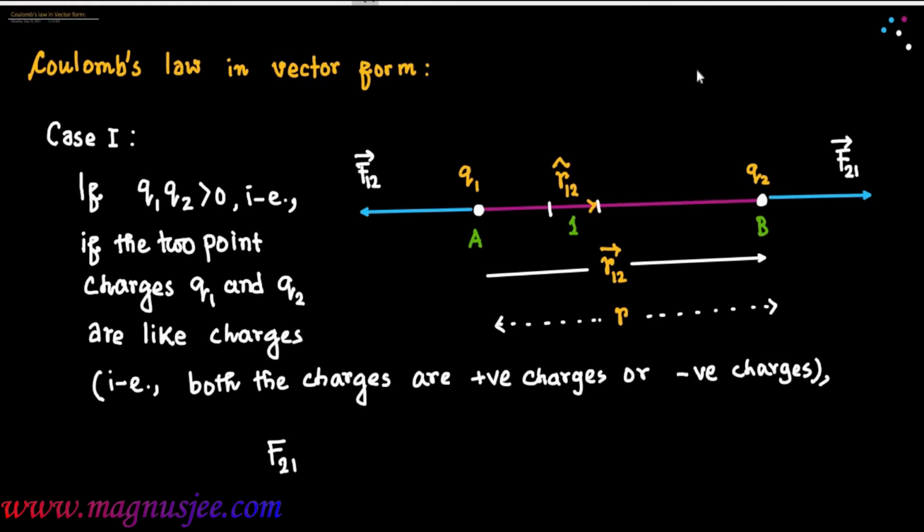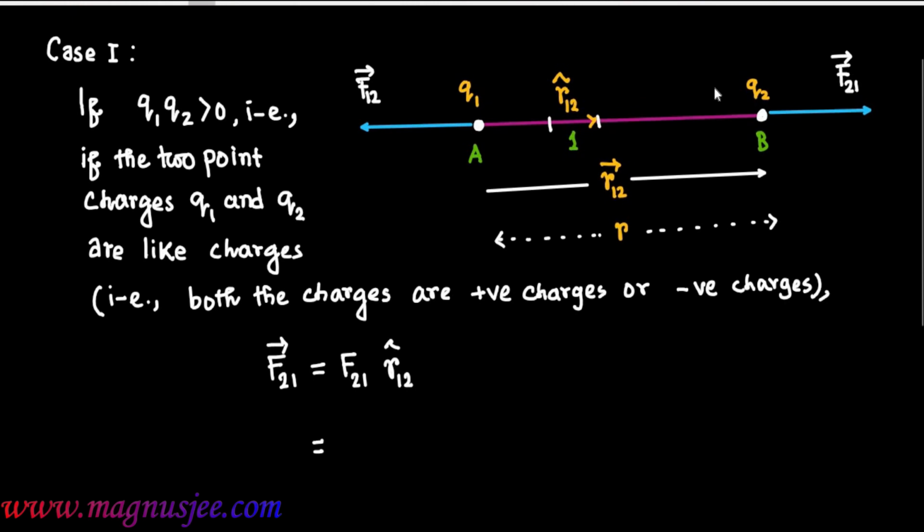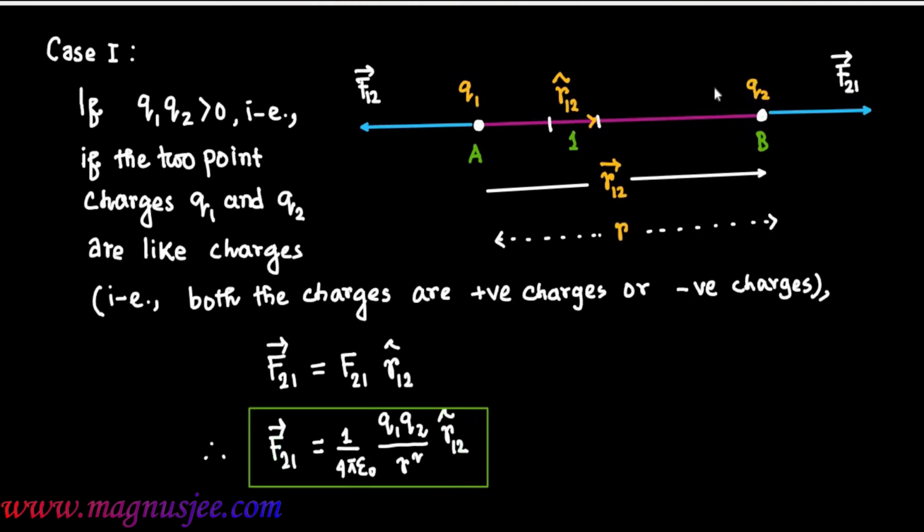Then vector F21, the force vector experienced by q2 due to q1, is equal to the magnitude of F21 times r12 cap, where r12 cap is the unit distance vector which acts along AB. That equals 1 by 4 pi epsilon 0, q1 q2 divided by r square, times r12 cap.